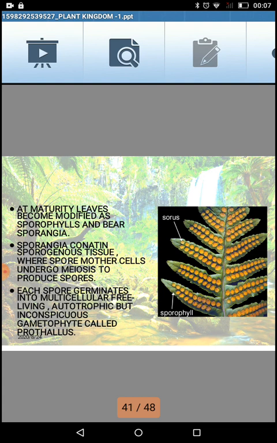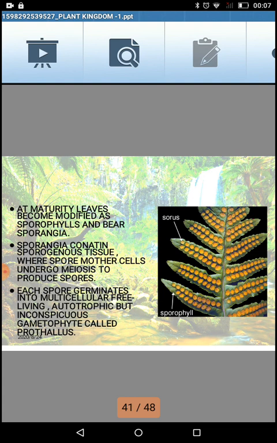Inside the sorus, spore mother cells will be present. Spore mother cells will undergo meiosis, and ultimately the spores produced from this sporophyte will be haploid in nature, because meiosis, a cell division, has occurred. And remember always, whenever meiosis occurs, it will reduce the chromosome number to half. So from diploid it will reduce down to haploid.